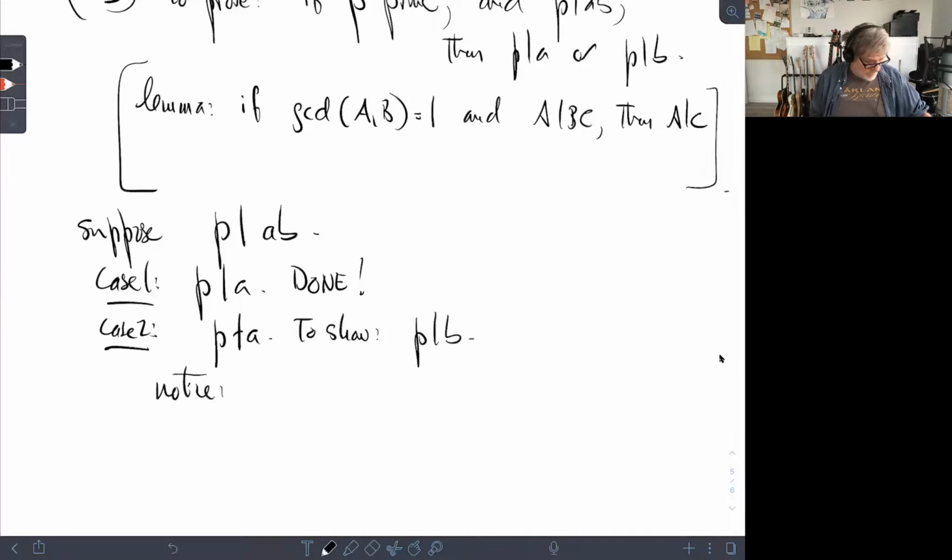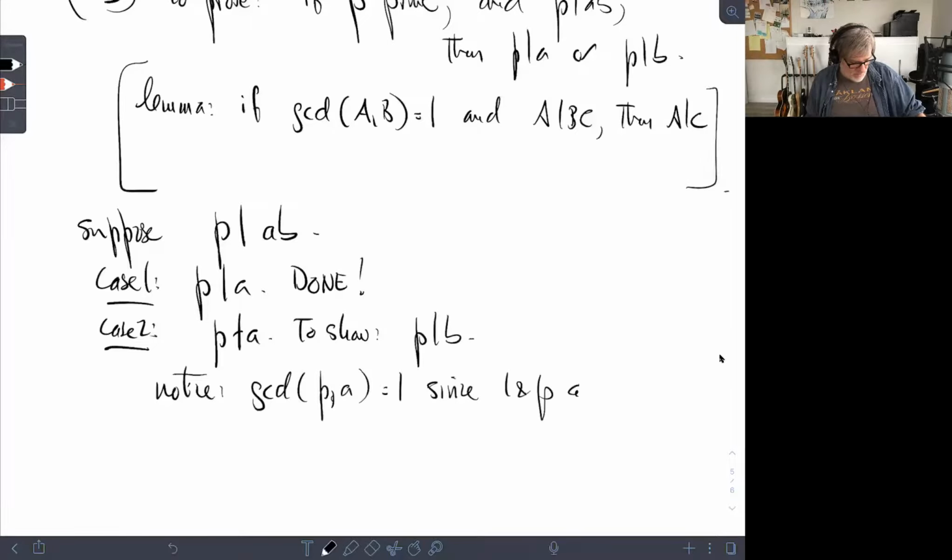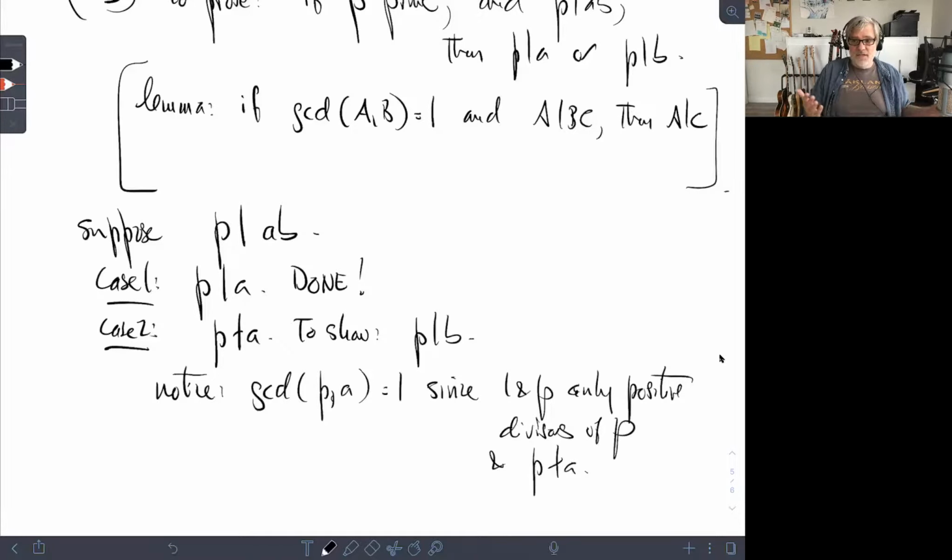Well, the GCD of p and a is 1. Why? Because p has only two positive divisors, 1 and p. But p doesn't divide a, so it can't be the GCD, so that leaves only 1. So the common divisors have to be either 1 or p, but p isn't, so it's 1.